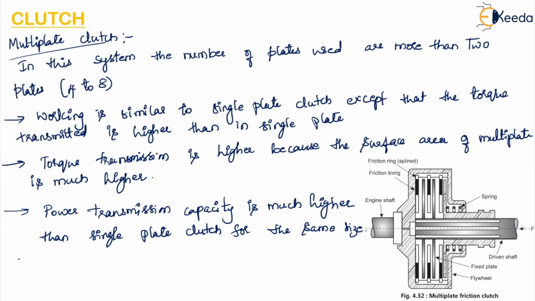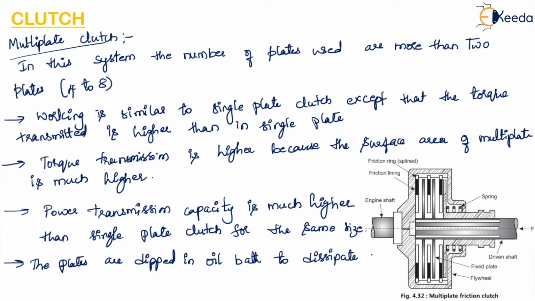So all the clutch plates are dipped in an oil bath to dissipate the heat quickly, as the heat generated is higher in the multi-plate clutch. That is another difference.